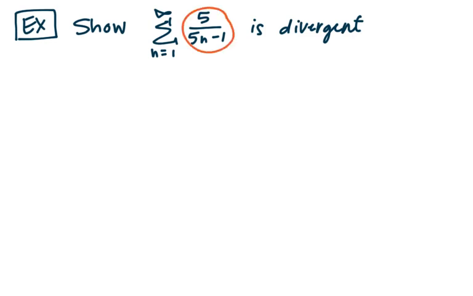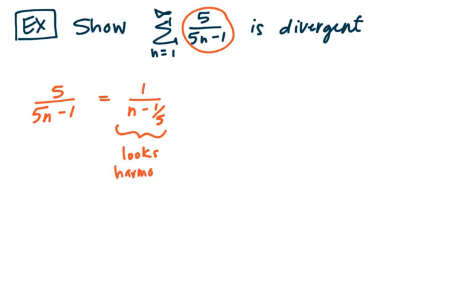So let's think about that term, 5 over 5n minus 1. I can rearrange this a little bit because I can divide everything by 5, and that would give me 1 over n minus 1/5. What we start to notice here is that this looks like a series we're familiar with. 1 over n is our harmonic series, and we know that a harmonic series is divergent.